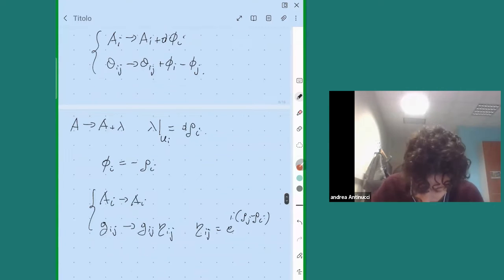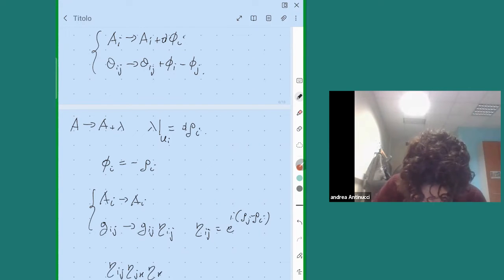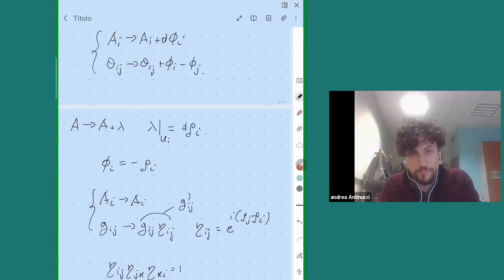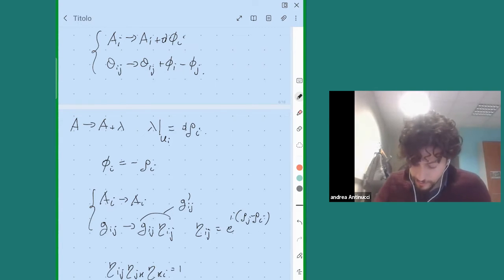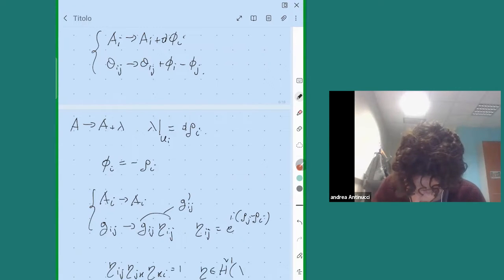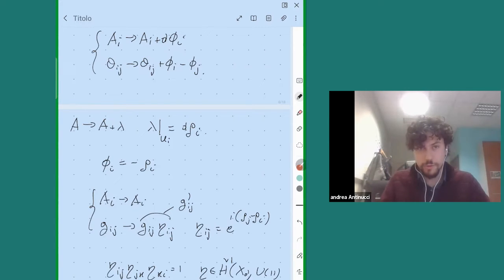And by construction, this eta will by itself satisfy the cocycle condition. And this is good because the new transition function will satisfy again the cocycle condition. Mathematically, eta is what is called a Čech one-cocycle. This is denoted in this way. This is not very important at this point, but let's see if you find this terminology somewhere.